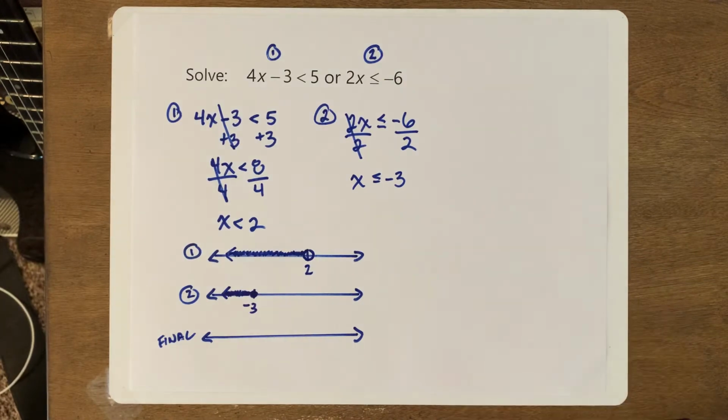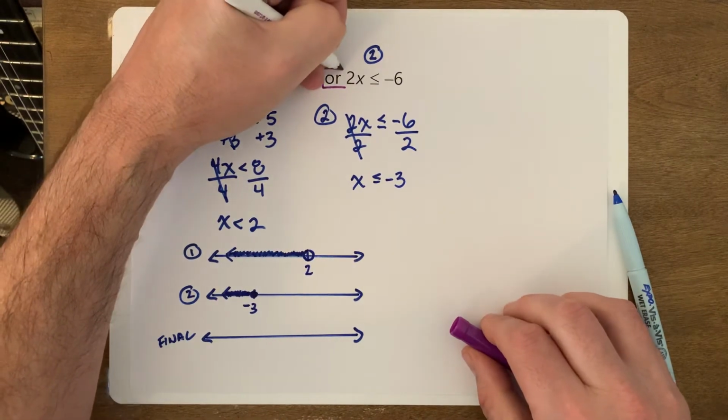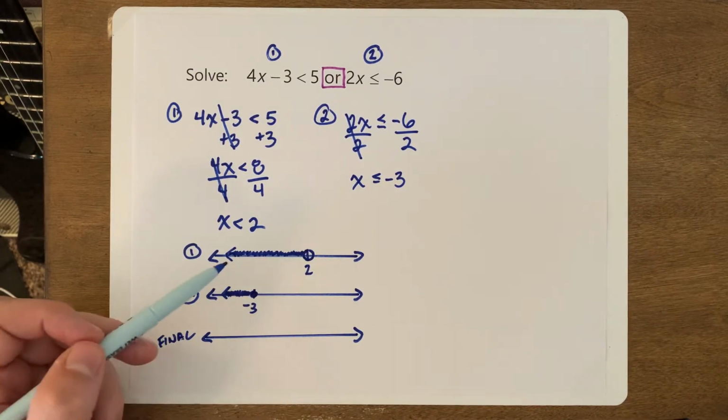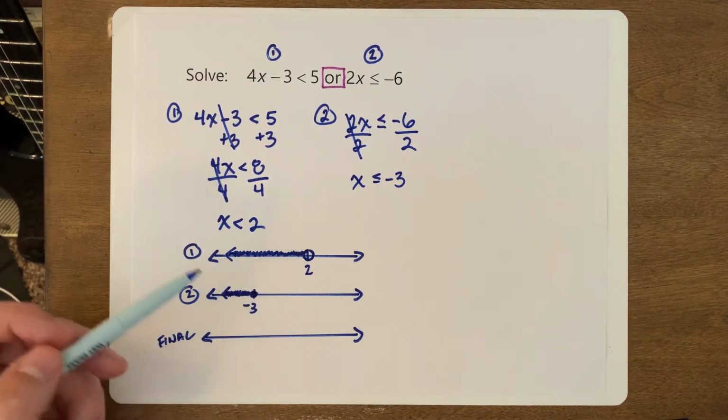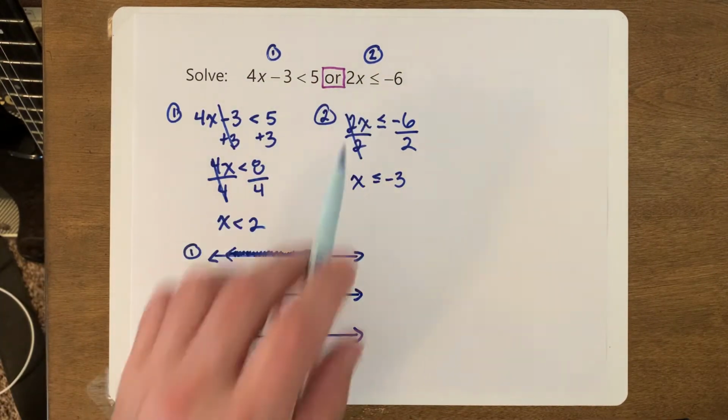All right, final. Okay, we have the word or. Critical that we look at these. Okay, since we have the word or, either one of these, the solution sets will work for the entire thing. It can be a solution of this, or it can be a solution of this.